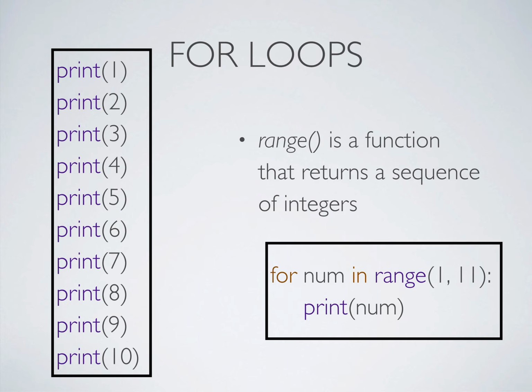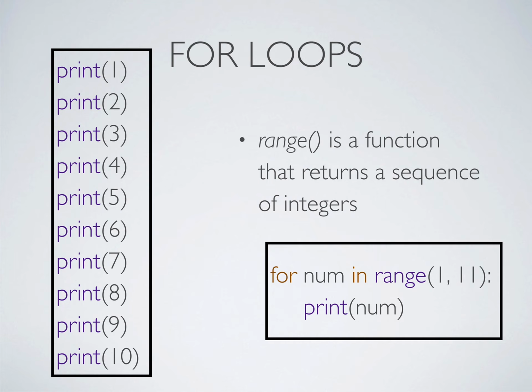So then again, the idea of a loop is that it runs multiple times, it repeats the code that's inside of it. Every single time this loop runs, a couple things happen. The variable num gets the next value in the sequence. So num starts with the value 1, then it gets the value 2, then it gets the value 3, and so on.